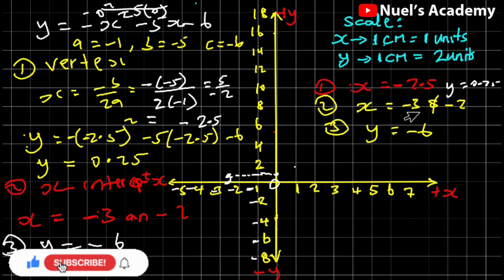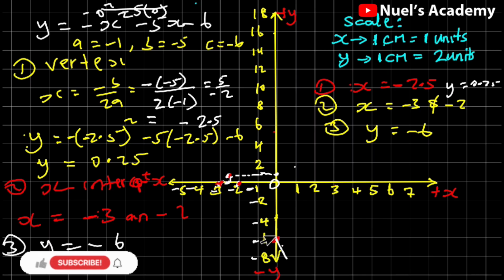So it's -3 and -2. So this is where they are, -3 and then -2, and then the y-intercept is -6, which is at this point. So we are going to connect this point, this point, this point, and then this point. If you connect it, we are going to get a curve like this.